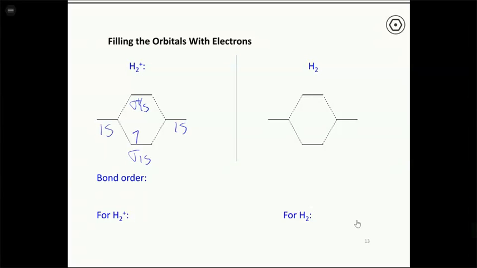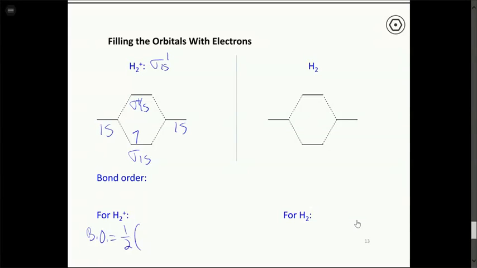So if we write the configuration for H2 plus, it's going to be sigma 1s1. Just like we saw for atomic orbitals, we can write electron configurations involving molecular orbitals, and in this case it's going to be sigma 1s1. If we want to calculate the bond order for this, remember the bond order is 1/2. We count the number of electrons that are in bonding orbitals.